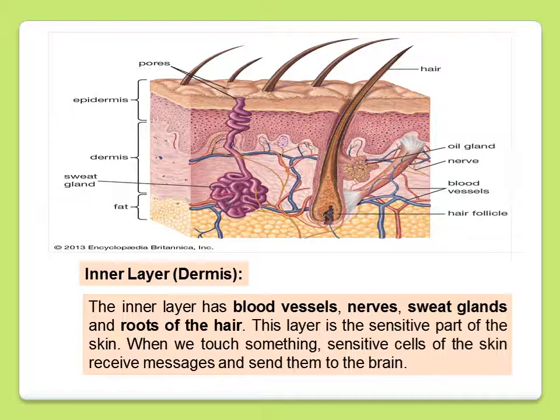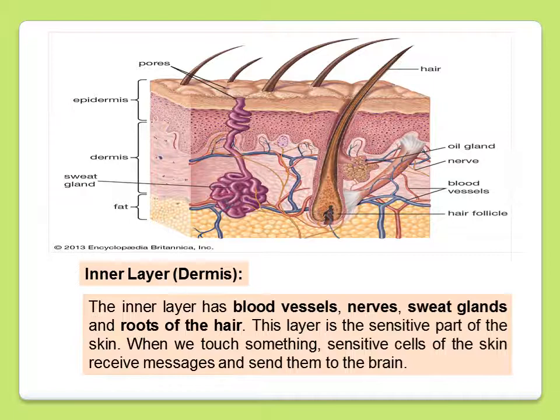And number four, the roots of the hair. These four structures are to be remembered present in the inner layer of the skin. The blood vessels, the nerves, sweat glands and the roots of the hair are present in the inner layer of the skin. So students, this layer is very sensitive part of the skin.